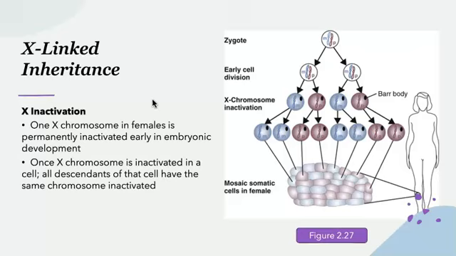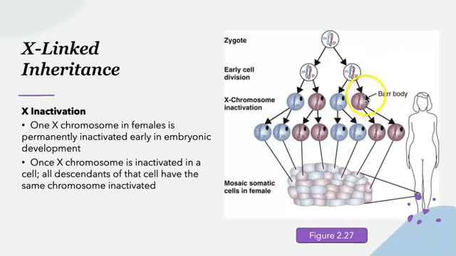So in every stem cell, so let's say this is taking place over here, in every stem cell, we are going to choose one X to become active, and the other X is going to become inactive. And in fact, that X chromosome that's going to be inactive is going to fall apart.